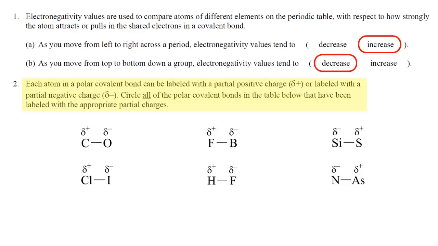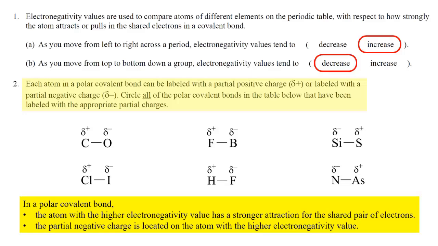So as we answer question 2, we're going to use the following rule to guide our answer choices. In a polar covalent bond, the atom with the higher electronegativity value has a stronger attraction for the shared pair of electrons. The partial negative charge is located on the atom with the higher electronegativity value.